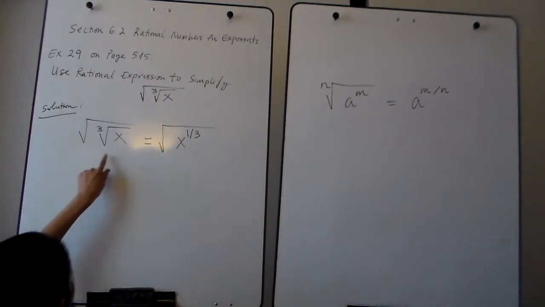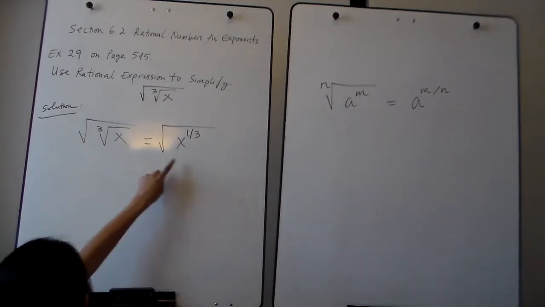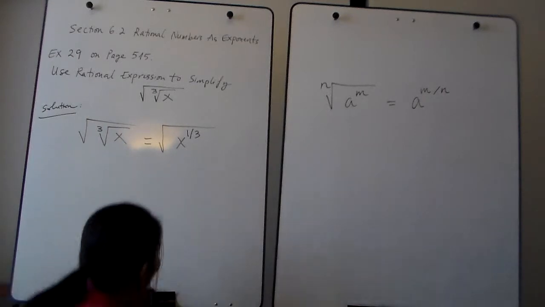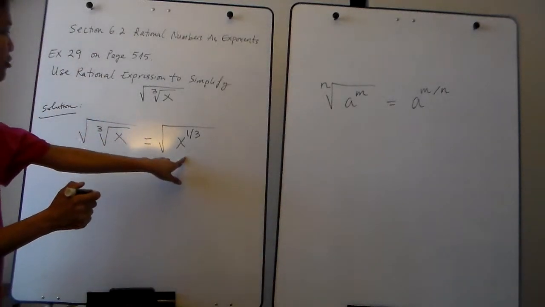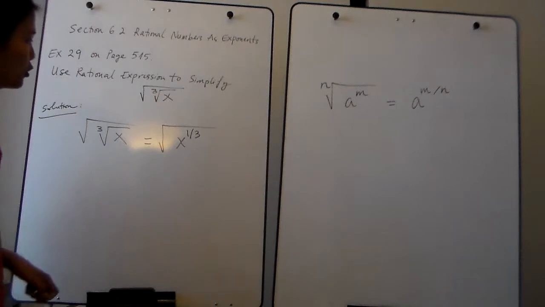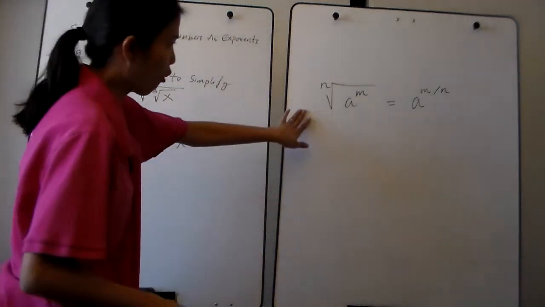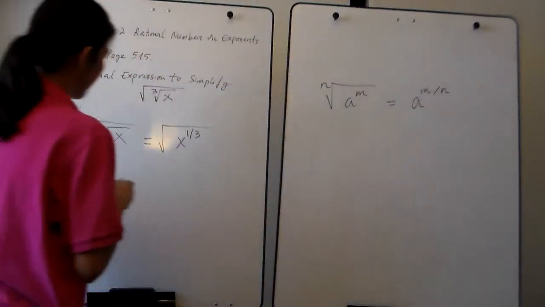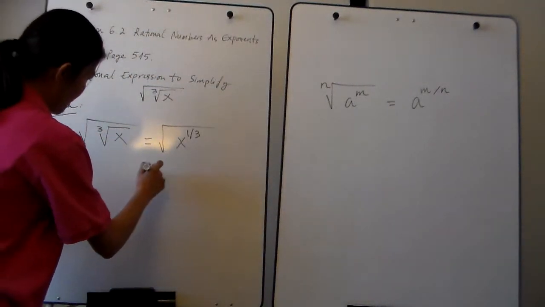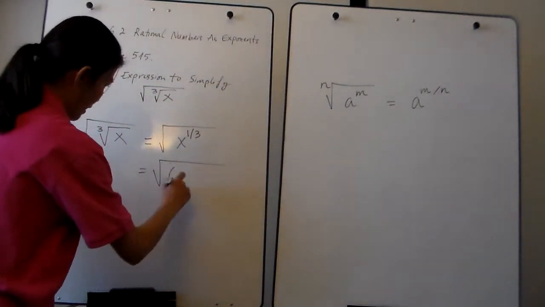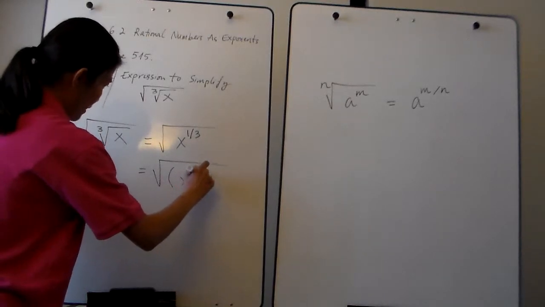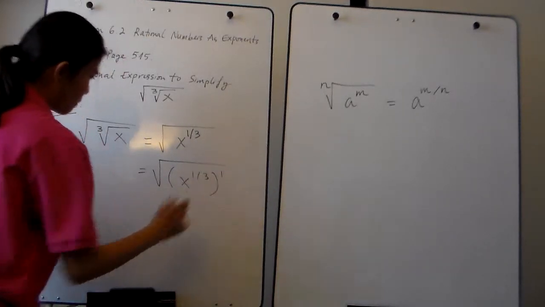Now, we just simplified two radicals to one radical. Now, follow the same procedure. We'll convert this to the exponent expression using this formula going from left to right. Alright, to do that, let me rewrite this as x raised to 1 divided by 3, all raised to the first power.